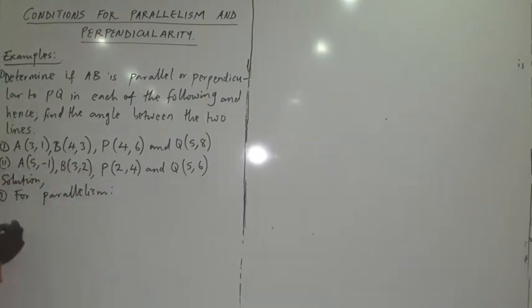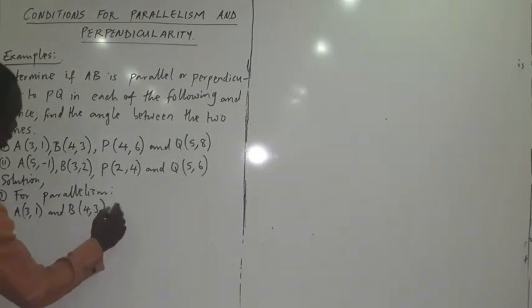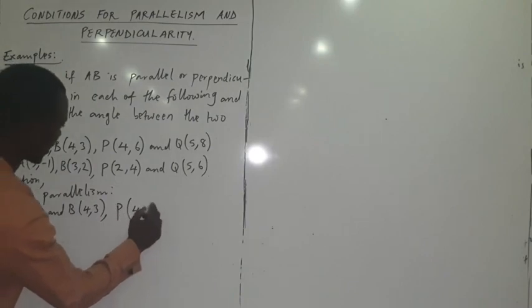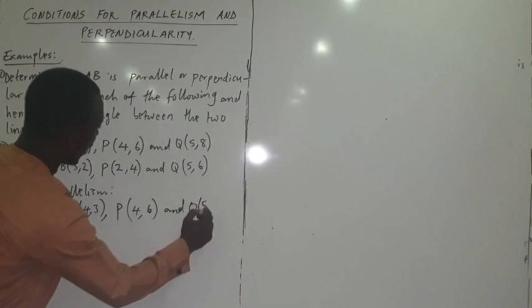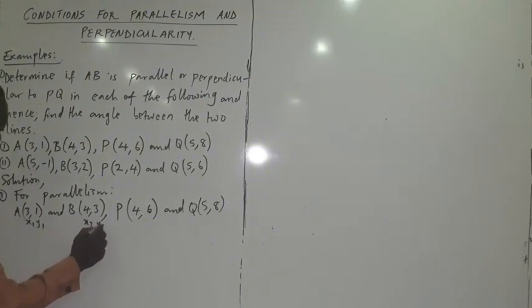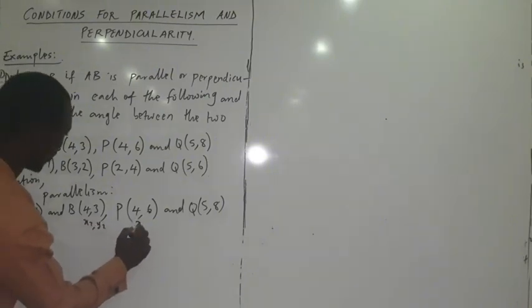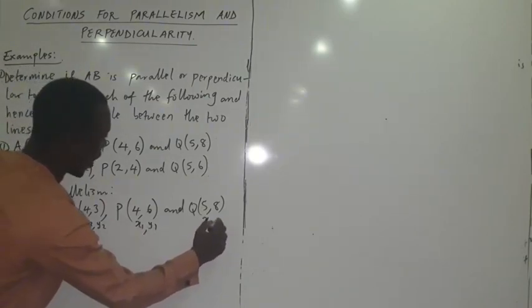So let's write out the points. Point A is 3,1, and point B is 4,3. Then P of coordinate 4,6 and Q of coordinate 5,8. So we have x1, y1, then x2, y2, and for PQ, x1, y1, then x2, y2.